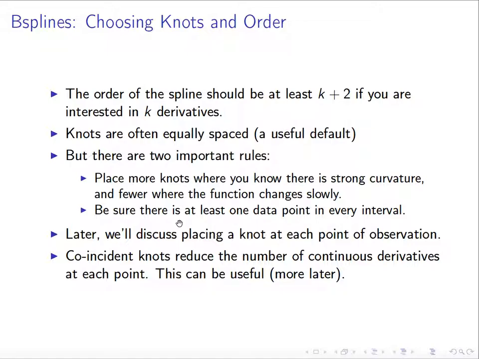So how do we choose? As we said, the B-spline basis functions are decided by the number of nodes and also the order of the polynomial functions. Generally, if we are interested in the k-th derivative, we will define the order of the B-spline to be k plus 2.